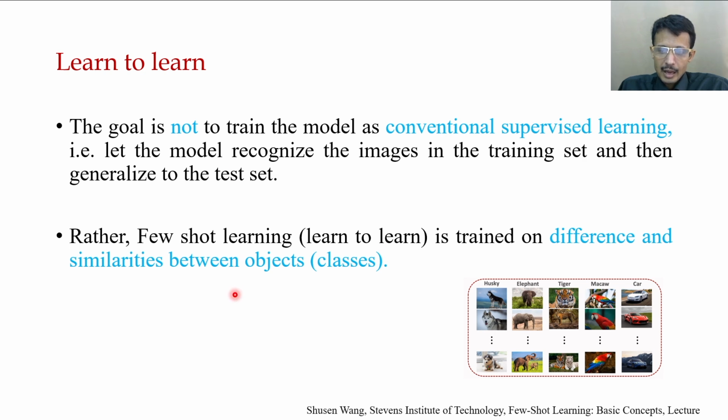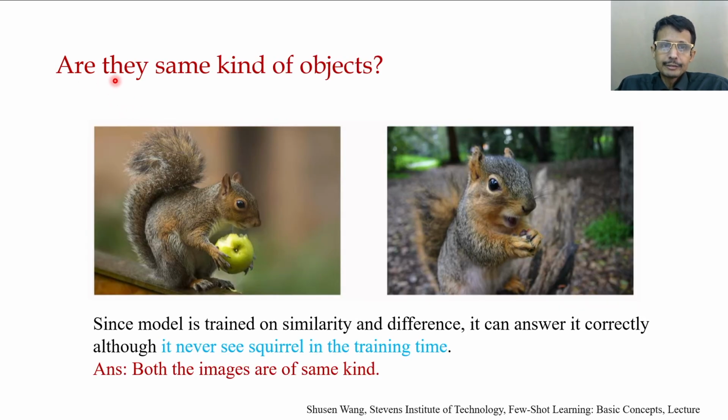Okay. Now, if the question comes, given two images, are they the same kind of objects? If we learn in this learn to learn fashion, then our model is trained in such a way that it can easily say yes, these two are the same kind. Since the model is trained on similarity and difference, it can answer correctly, although it never saw the squirrel in the training set.